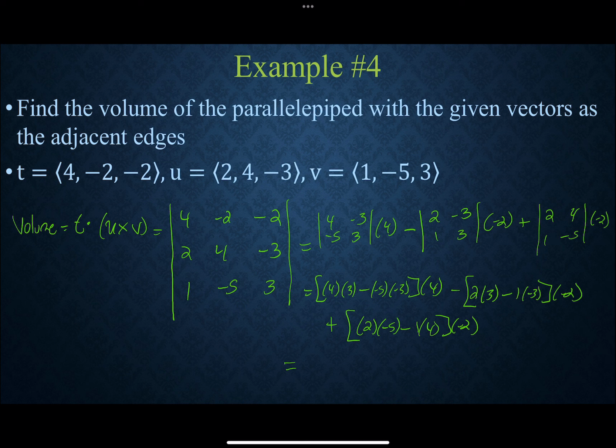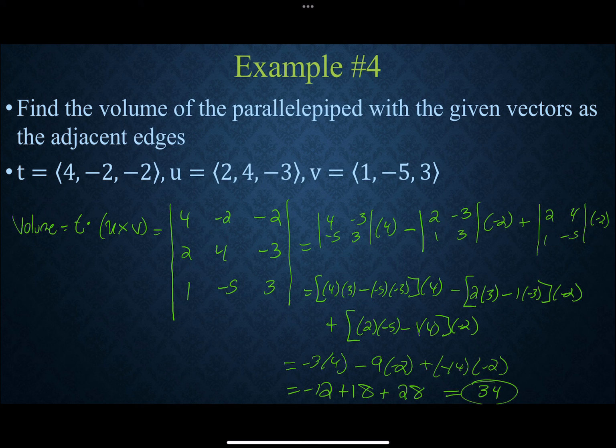So we would ultimately get 12 minus 15, so negative 3 times 4, minus 6 minus a negative 3, so that'd be a 9, times negative 2, and then plus 2 times negative 5 is negative 10, and then 1 times 4 is 4, so that'd be negative 14, times negative 2. We would get negative 12 plus 18 plus 28, which is equal to 34.